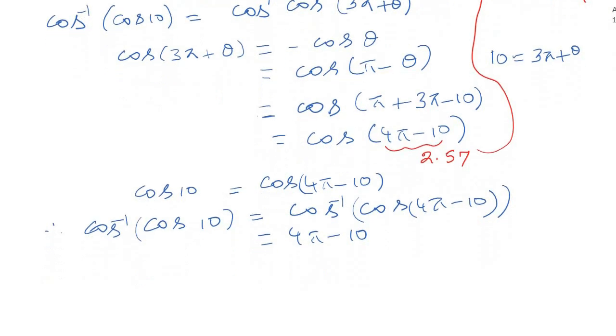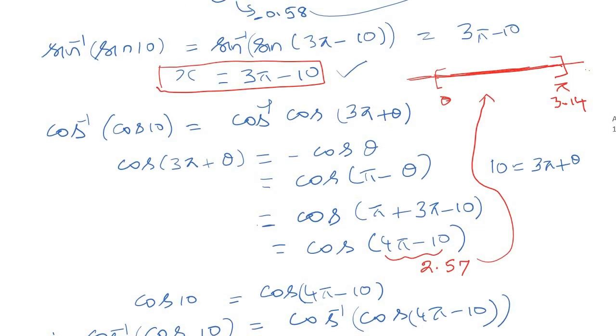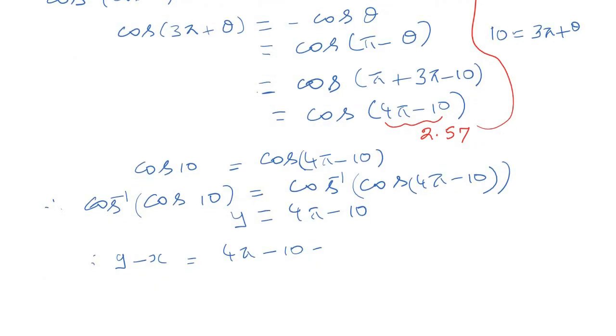So your y is equal to 4 pi minus 10 according to the question. We have to find out y minus x. y is 4 pi minus 10, minus x, which we already found as 3 pi minus 10. So this is 4 pi minus 10 minus 3 pi plus 10. So plus 10 and minus 10 you can cut.